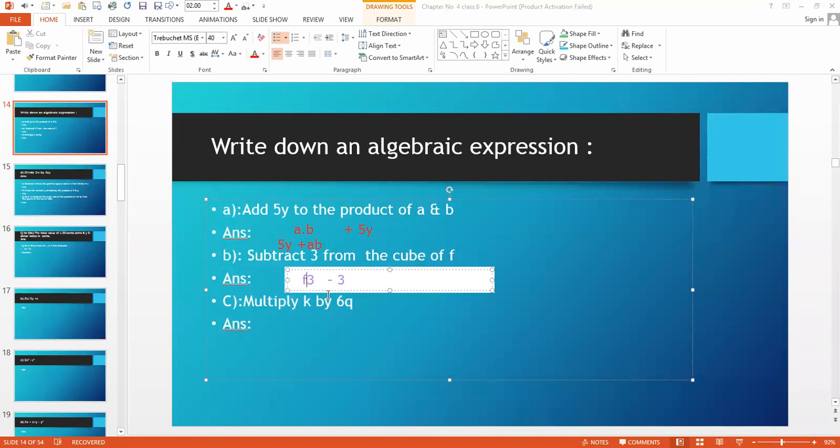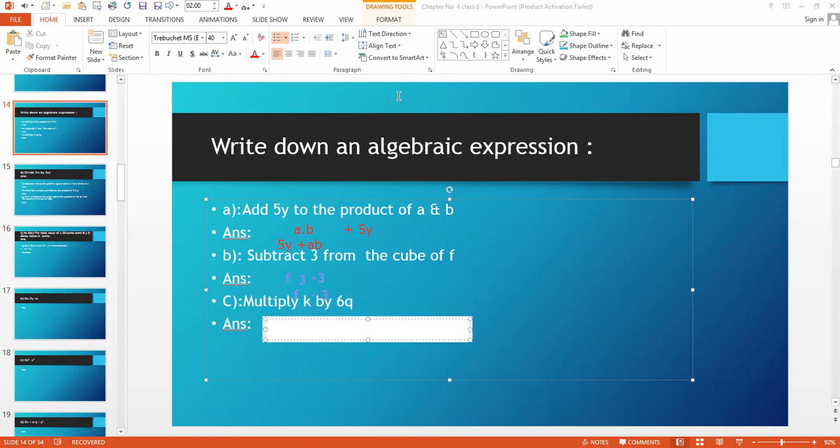Now I have to write the power of f, that is 3. So f to the power 3, the cube of f, minus 3: subtract 3 from the cube of f. Clear? Now we come to the next one.